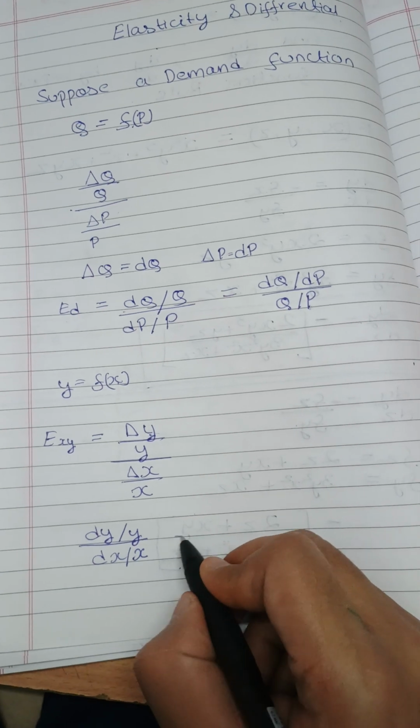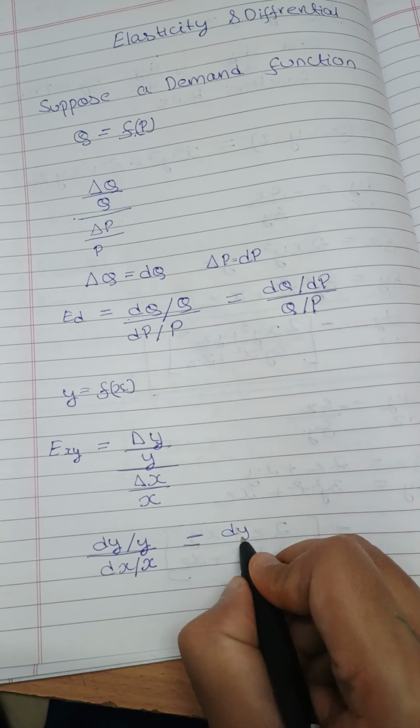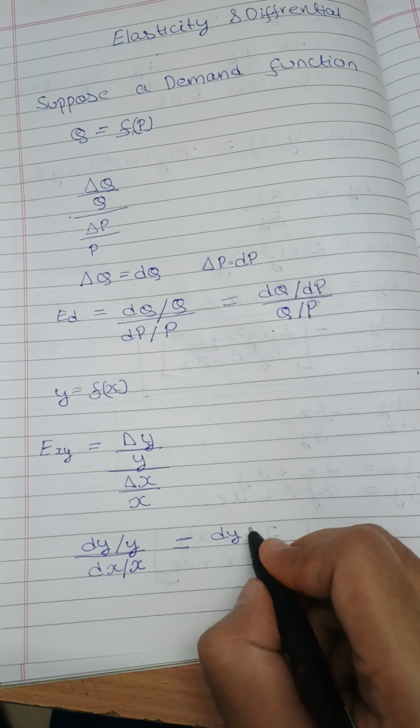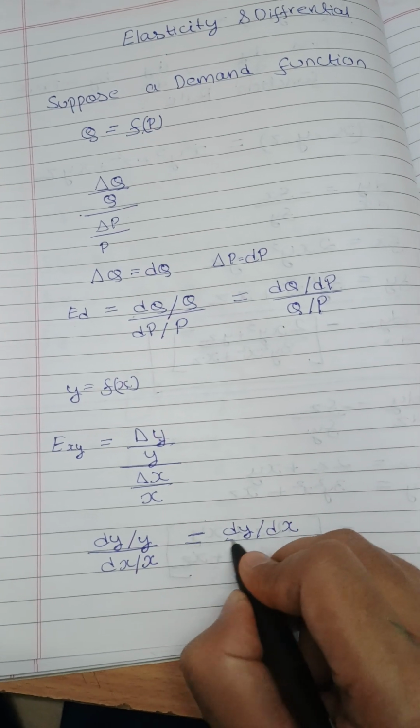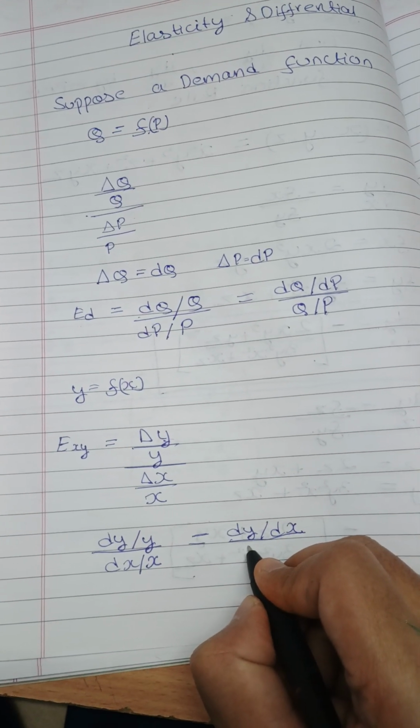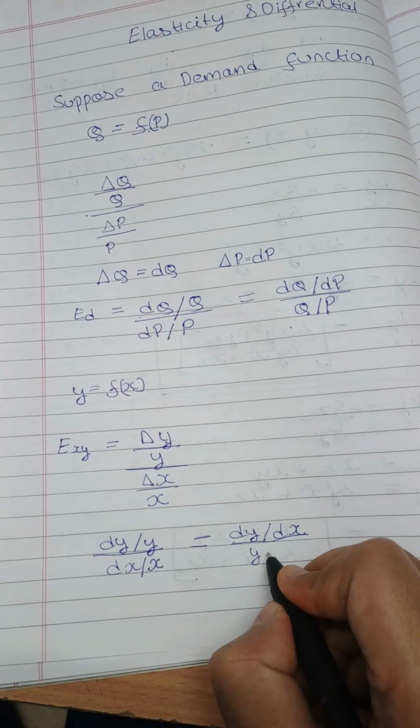Now we can also write it as dy upon dx by y upon x.